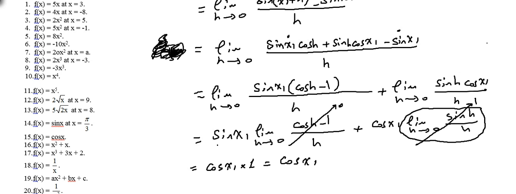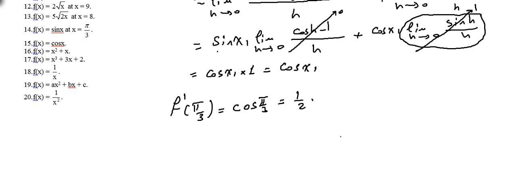Now, if we want to find f prime of pi over 3, this means we replace x1 with its value, cosine pi over 3, which is simply half. Cosine 60 is half, since sine 30 is half, so cosine 60 is also half. This is it.